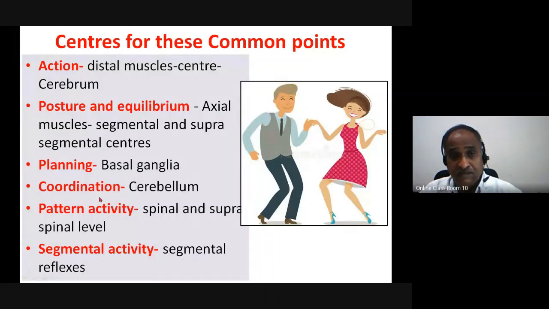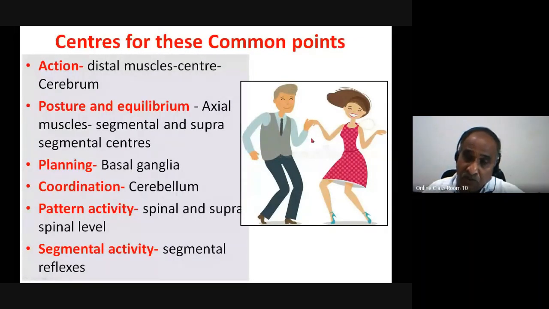That's important. This planning: what are the next steps, what is the music we are listening to, and how we are going to take a step with each other. If you are seeing good dancers, it will be amazing to see them dance with each other. So that requires planning. The planning is done by the basal ganglia.